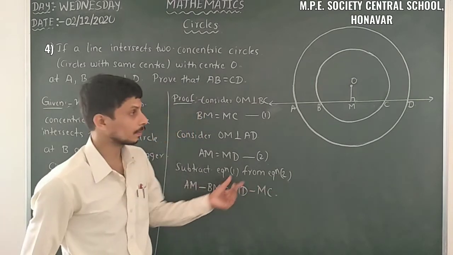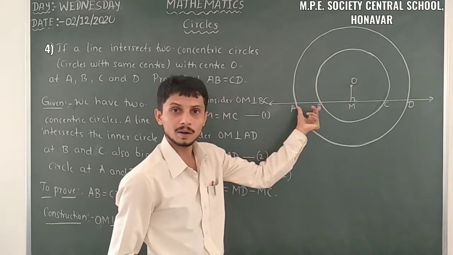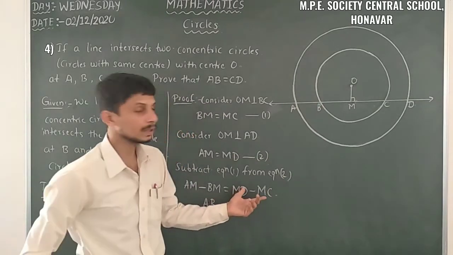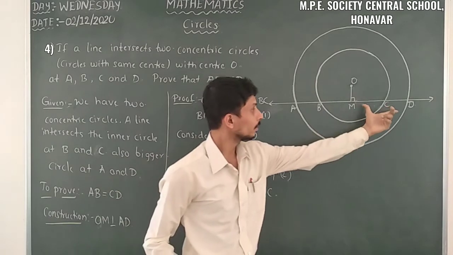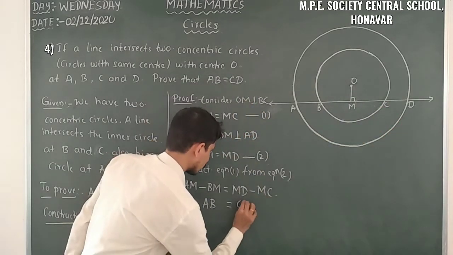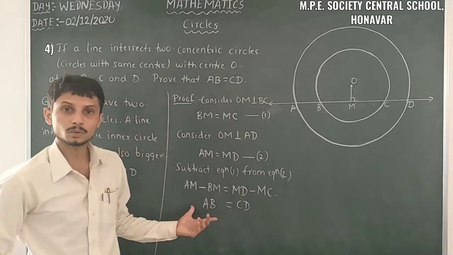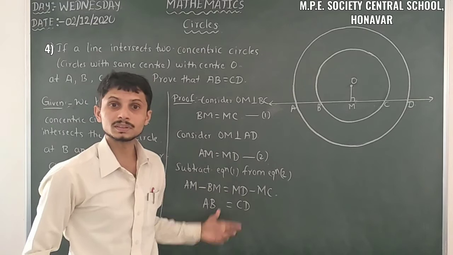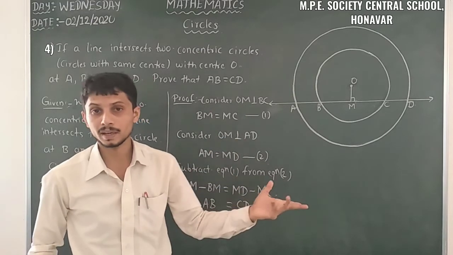AM minus BM means we have only AB, and MD minus MC is CD. So we get the proof: AB is equal to CD. We can use the same situation anywhere else.